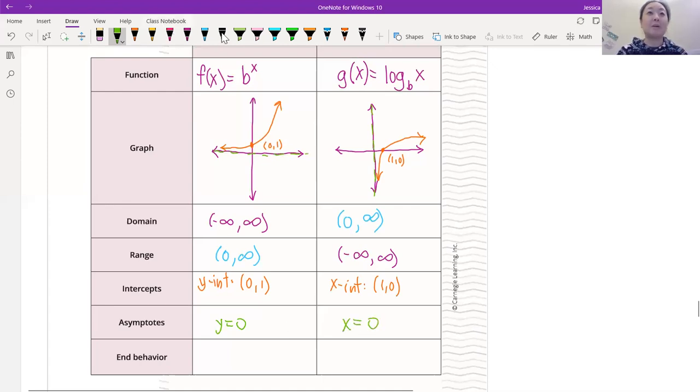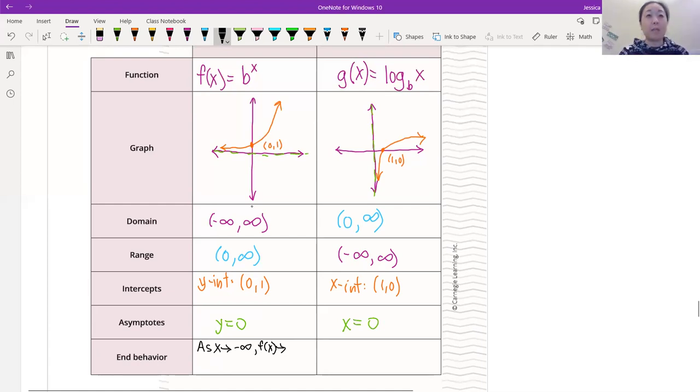And what about your end behavior? Ooh, the best part. So as x approaches, what is x approaching? Negative infinity. They're going more and more to the left. As x approaches negative infinity, f of x approaches 0, because it gets closer and closer to 0.